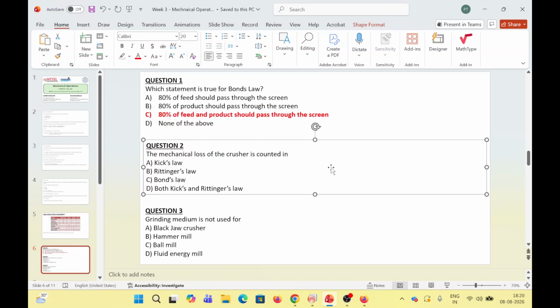Any questions in this? The next one is much simpler, but any questions in the first one? Any confusions?